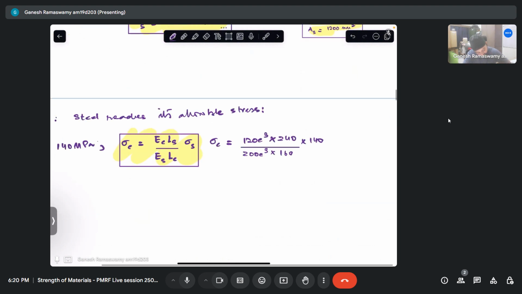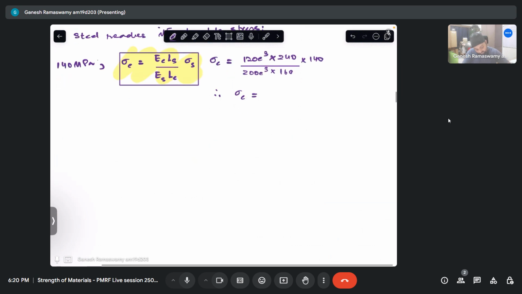So sigma C from here will come out to be 120 into 240 into 140 divided by 200 into 160. So this comes out to be 126 MPa. And we can clearly see this is greater than the allowable 70 MPa.